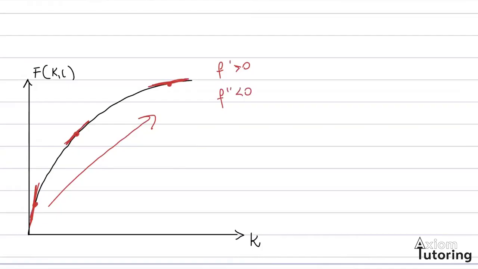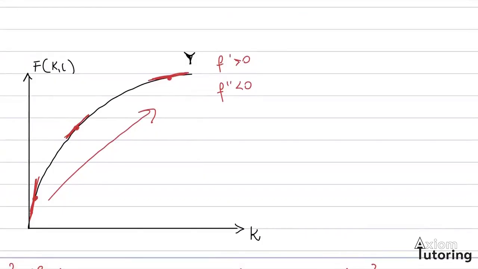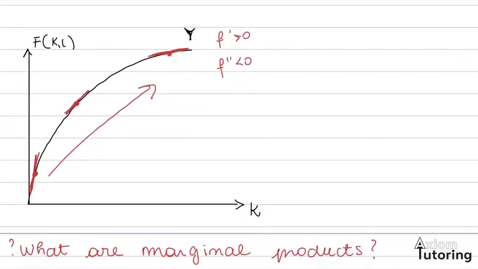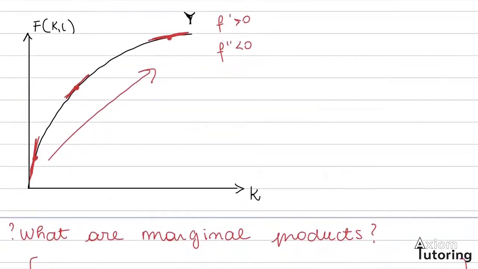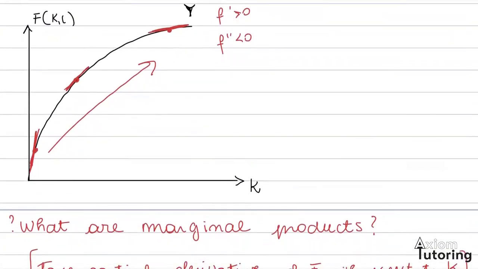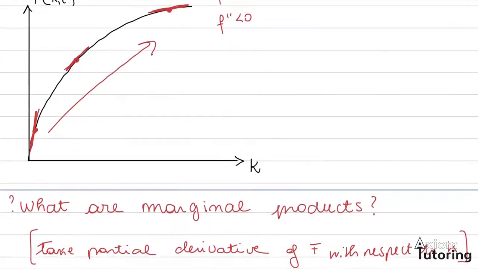Well, why is it the case? So now we've looked at the math, what is required for this output production function to show this shape mathematically speaking. However, it's also important to give an economic meaning to all of this. And this is where marginal products come into place. So what are marginal products?